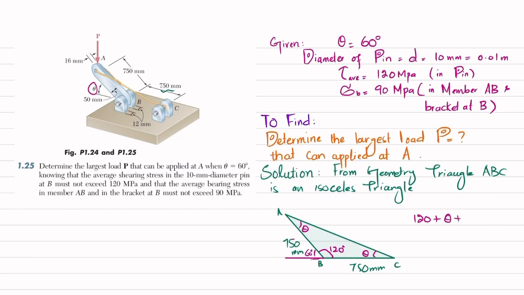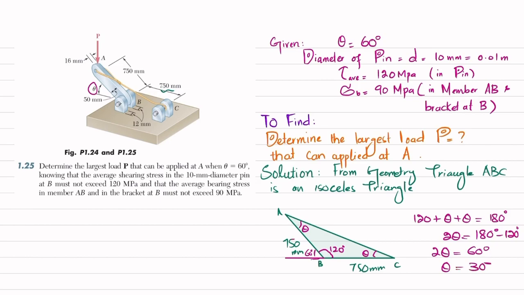So theta plus theta is equal to 180 minus 120 degrees, so 2 theta is equal to 60 degrees. It means that one angle is 30 degrees.